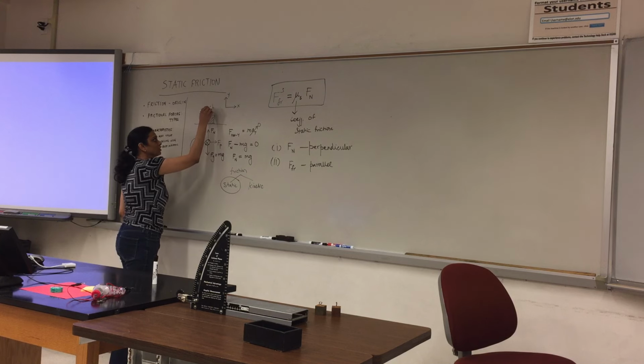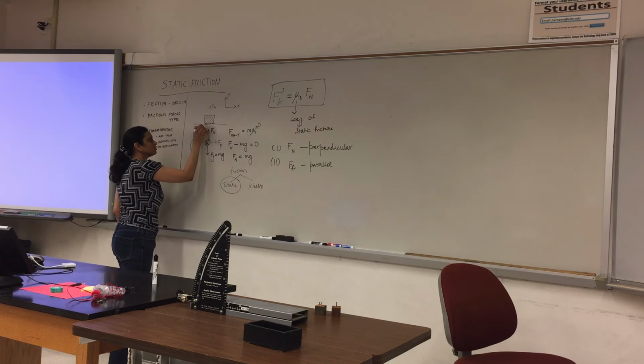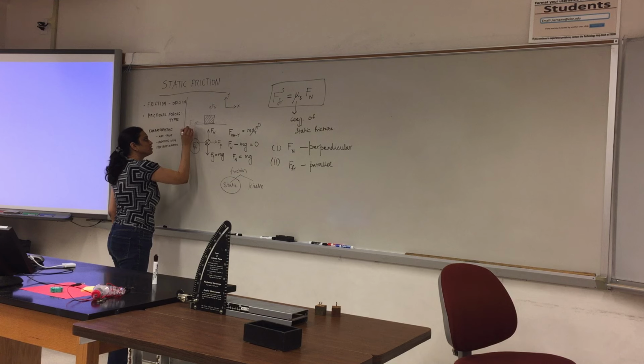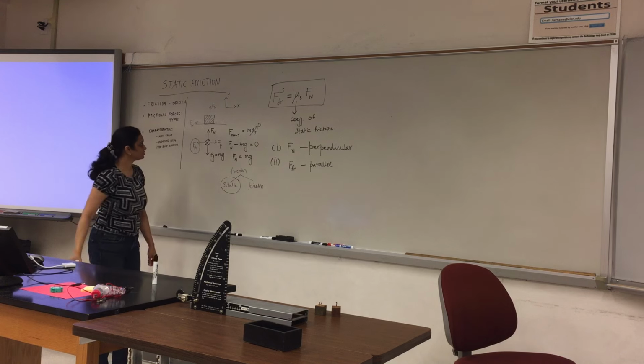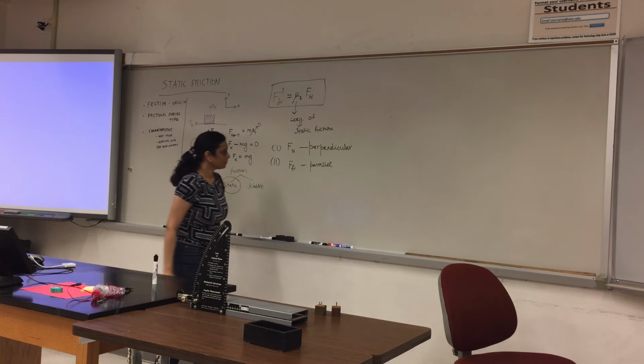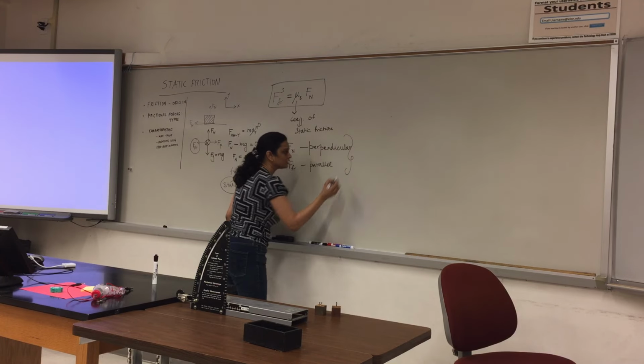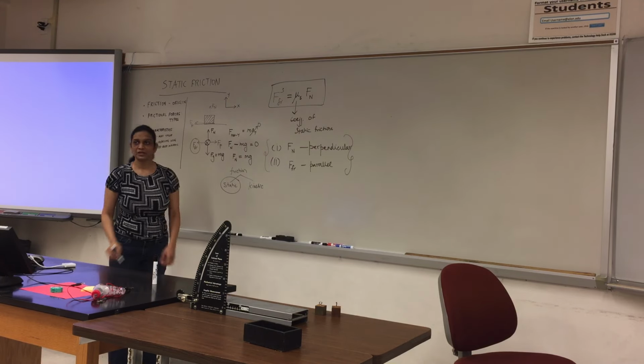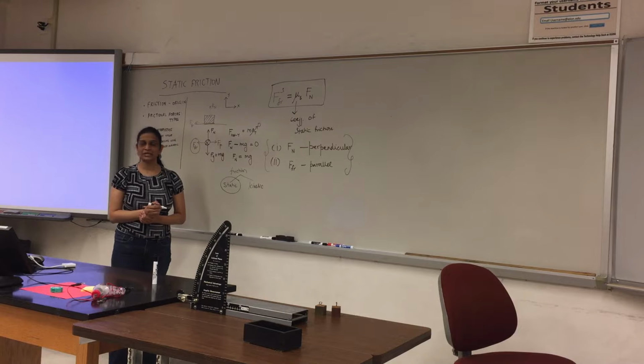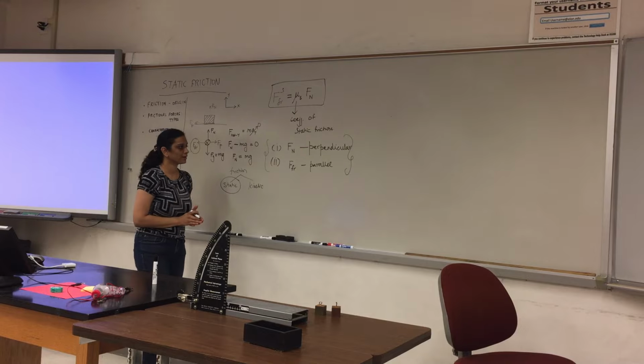So you have the normal force there, and then you have the parallel force, which is the friction force. These are the two forces that come into the picture when two surfaces are in contact.